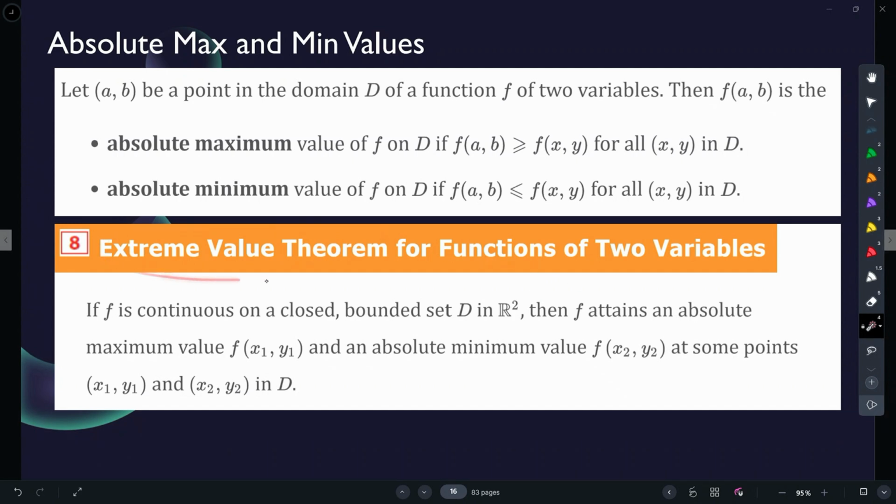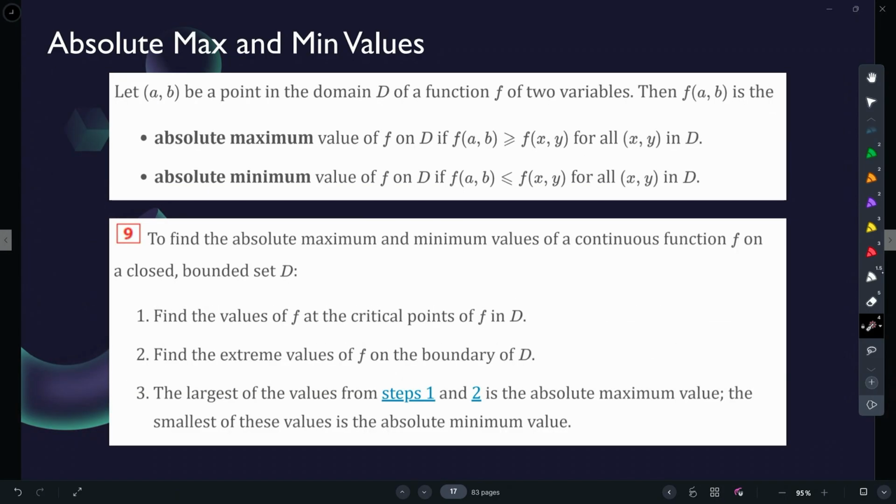We have something called the extreme value theorem for functions of two variables: if your domain is closed and bounded, then there will be a maximum value and a minimum value. So our job is to find them when those domains are closed and bounded, some bounded region in the plane.